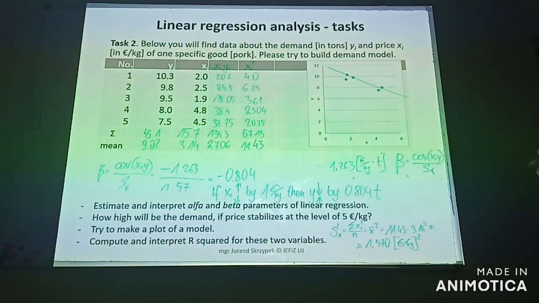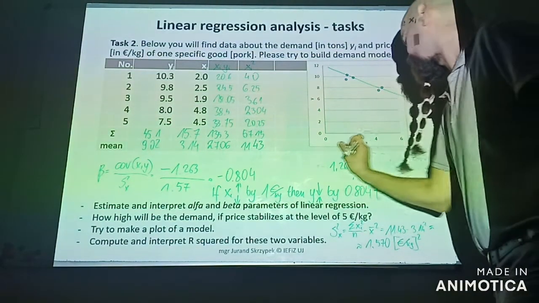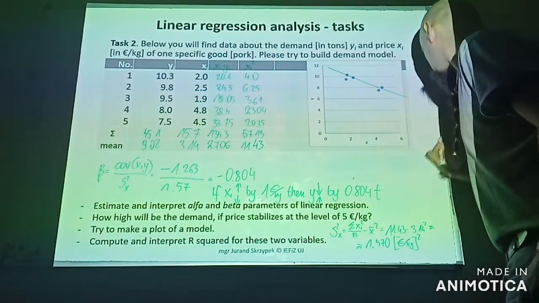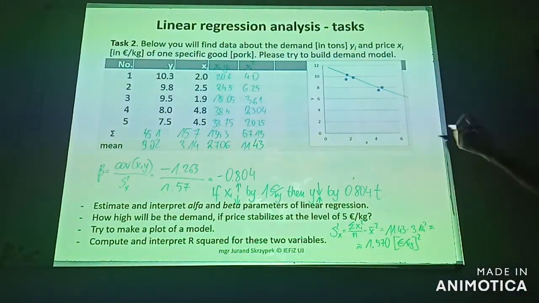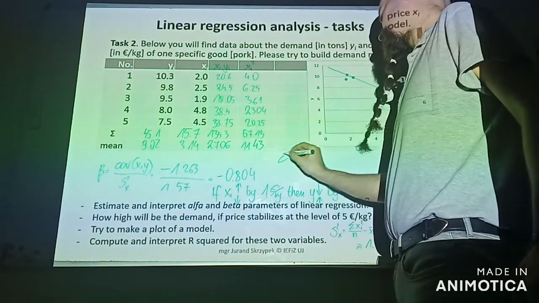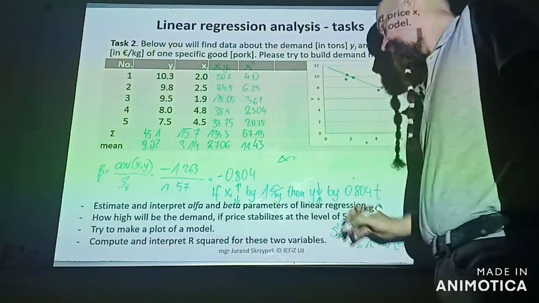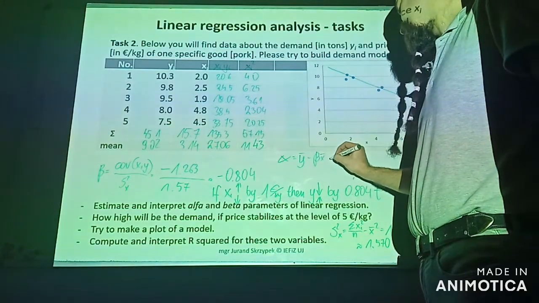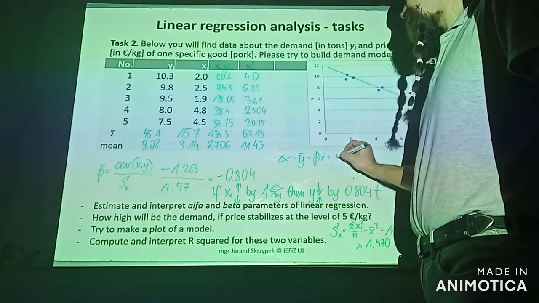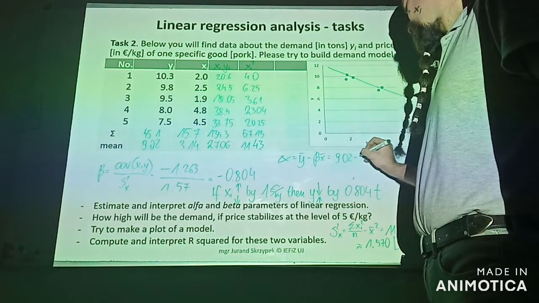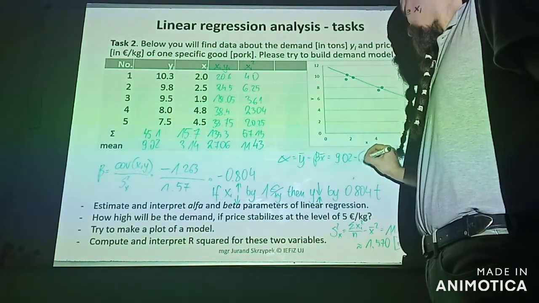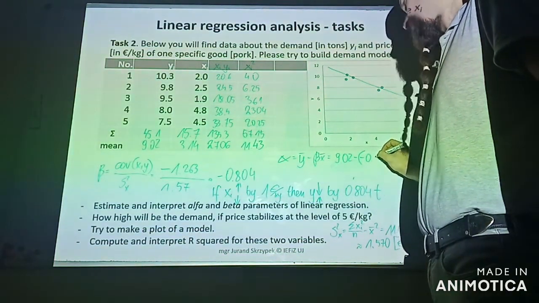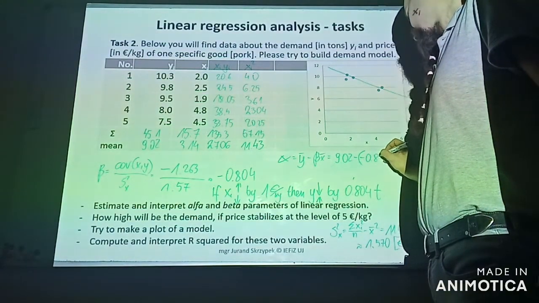All right. And after that, as a market analyst, we can give the value of the alpha parameter in the demand model. This is y mean minus beta x mean. Y mean is 9.02 minus beta, minus 0.804.